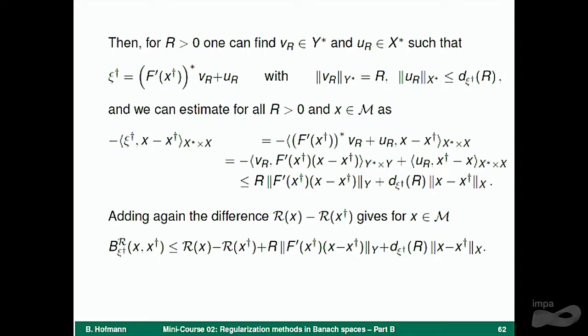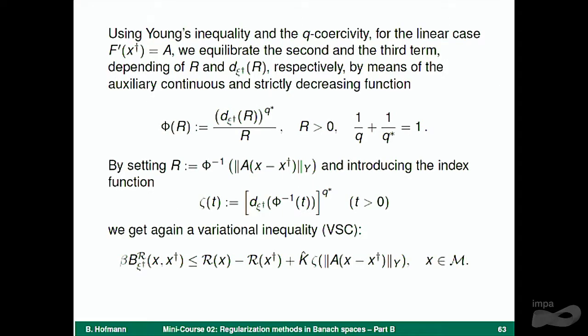And you see if you estimate it here, you have such a sum. R occurs here, and you can choose R such that this is an equilibration between these terms, and this equilibration helps you get a Bregman distance in that way. And now you add these things, and you use Young's inequality with an auxiliary function, and you get a not very nice but available function.